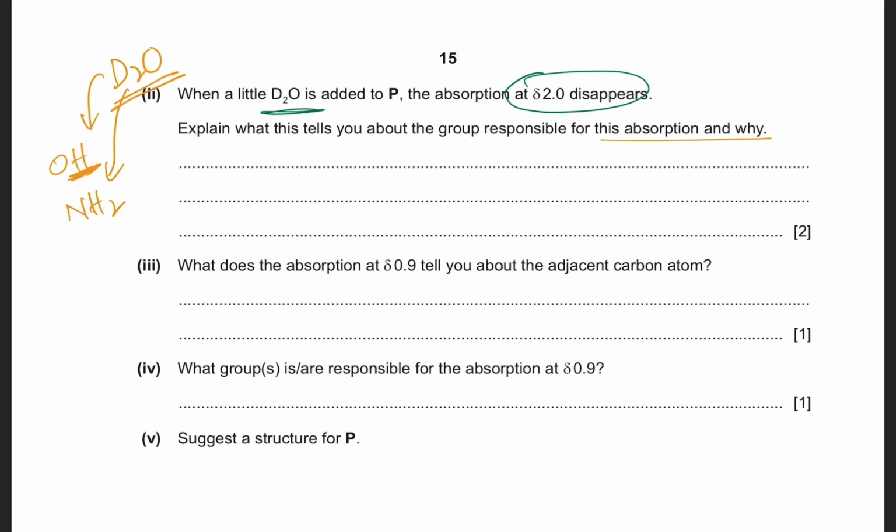Right, so what does this tell you about the group responsible for this absorption, and why?